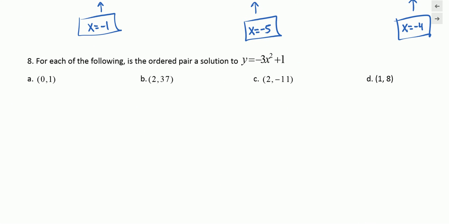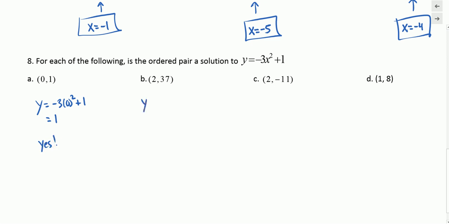Number 8, for each of the following, is the ordered pair a solution of this equation? So we just plug in the x value, see if we get the y value back. So if I plug in 0, I end up getting 1, so yes.